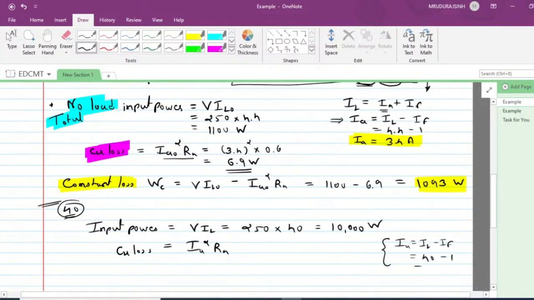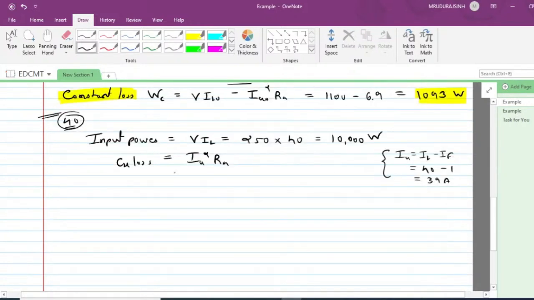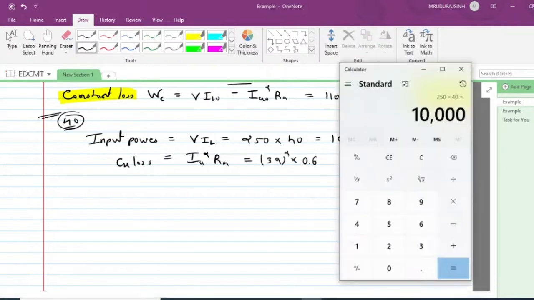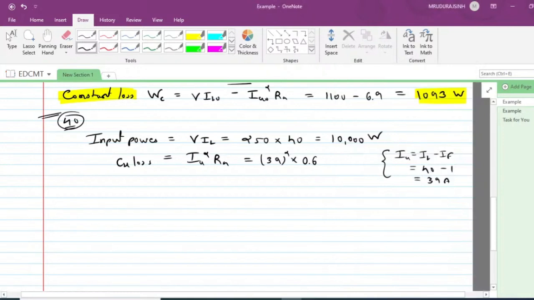IF is 1 ampere. So armature current is 39 ampere. So we use this 39 ampere in this equation. 39 square into Ra, which is 0.6. So 39 into 39 multiplied by 0.6 is equal to 916.2 watt, which is Cu loss.